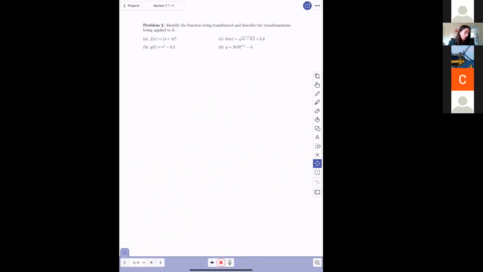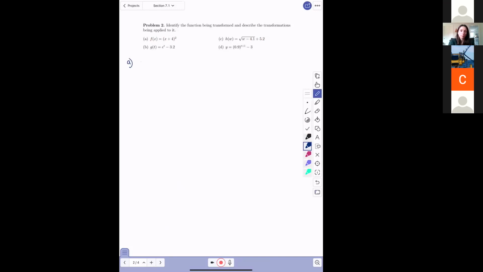All right, problem 2. Identify the function being transformed and describe the transformation being applied to it. Okay, so in order to look at these, you kind of have to get rid of everything that's being added or subtracted. And that's how you then determine what type of function it is. So this first one here, we have f of x is equal to x plus 4 squared. If this was plus 0, so if it was just x squared, what kind of function would it be?